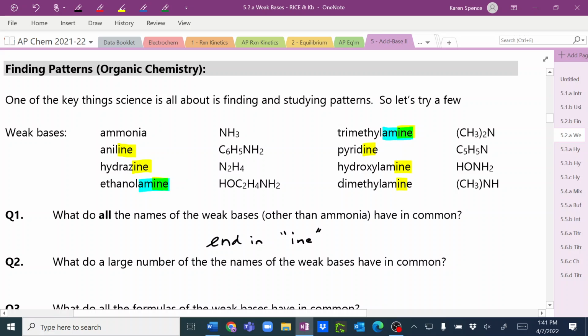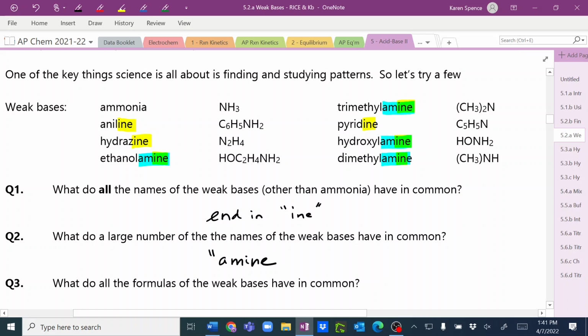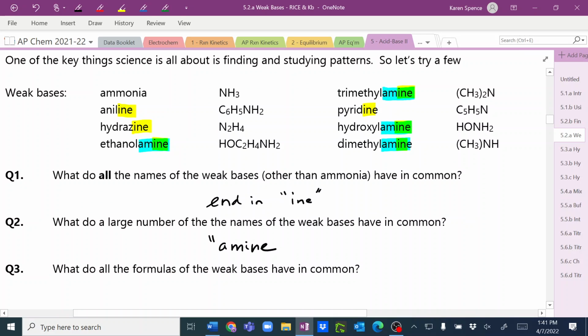Yes? What do all the formulas of the weak bases have in common? They all contain which element? Nitrogen. And the nitrogen is attached to what? Hydrogen.